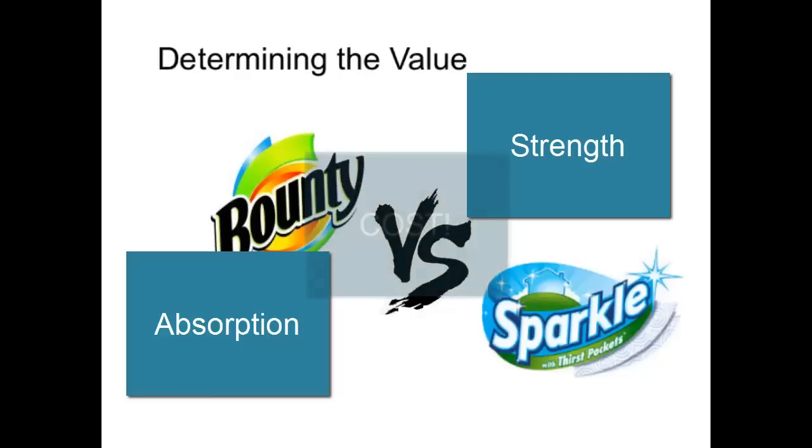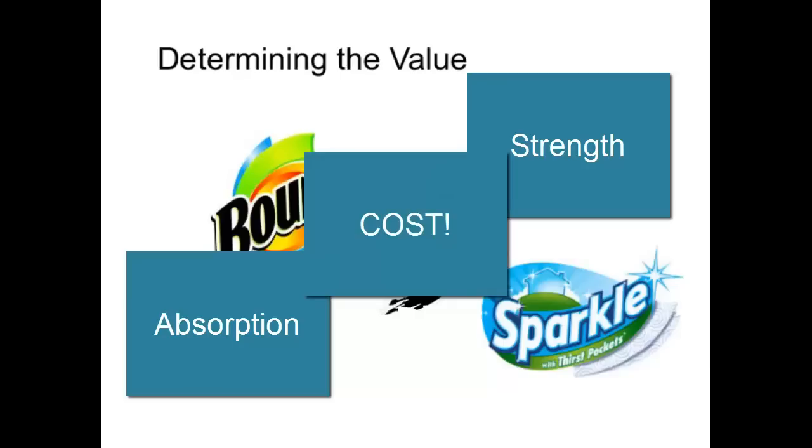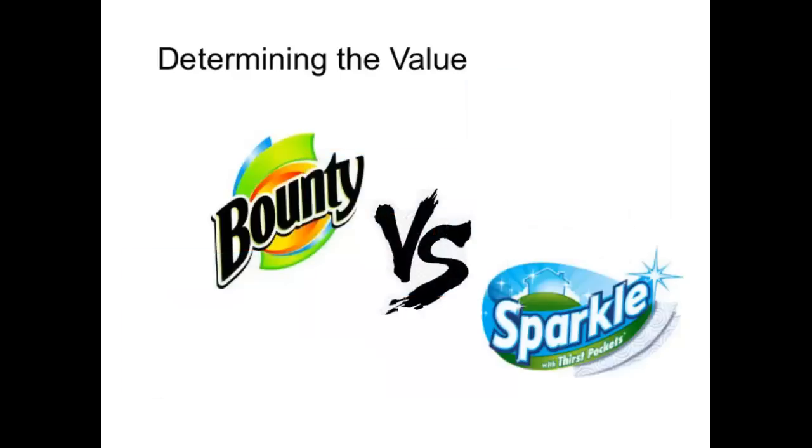But the one thing that we are missing is talking about its cost per paper towel. Then being able to use that information to help us determine the cost per absorption and the cost per strength, so that we can see which one is actually the best value. So that's what we're going to be focusing on today, is how can you determine the cost per unit price.